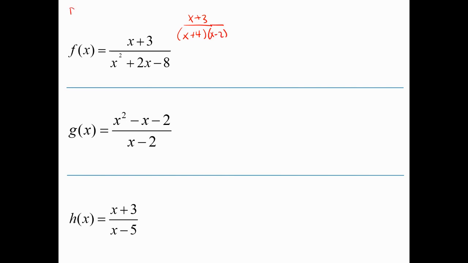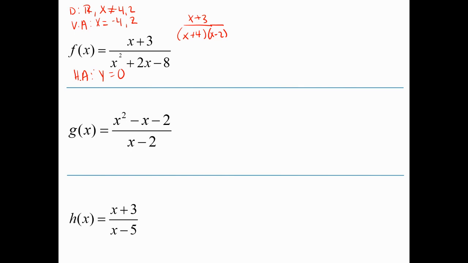For the domain, we know that it's all real numbers, but x is not going to equal -4 and 2. I didn't have any holes. I also knew that I had a vertical asymptote at x equals -4 and x equals 2. Sorry, I wanted the horizontal asymptote. It was bottom heavy, at y equals 0.